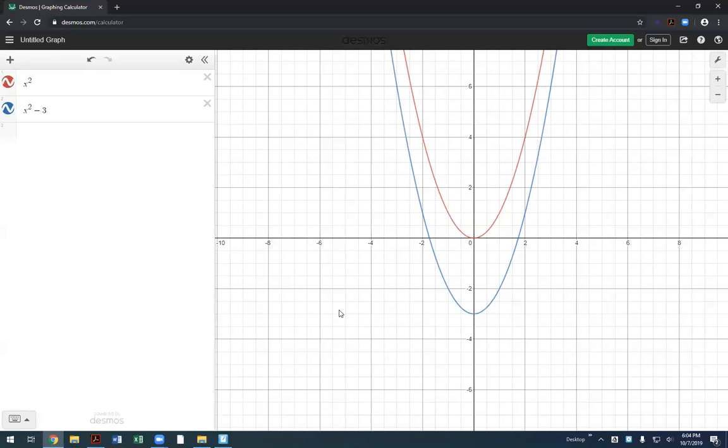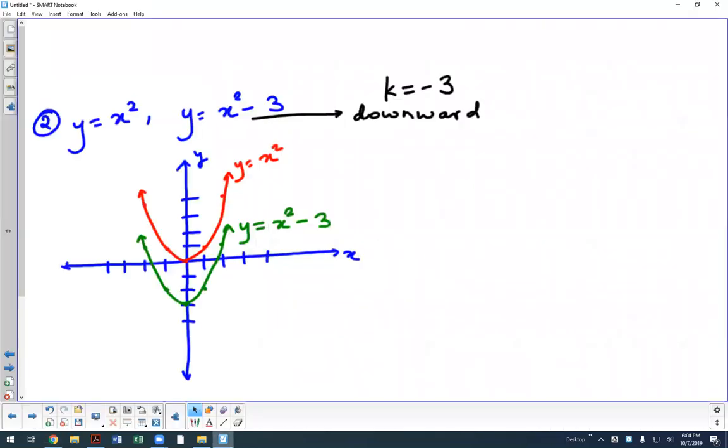In this case, for the previous example, our graph had moved 3 units up, which I guess in a line, it would be a little bit harder to tell if your shape was changing or not. In this case, your shape would change in terms of the slope would change on a straight line. But obviously with a parabola, you would be able to tell if your graph had shrunk or it had been stretched. So this is a rigid transformation. You're just picking your graph from 0, 0 and moving it 3 units down to 0, -3.